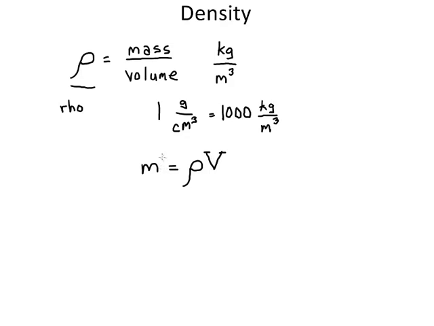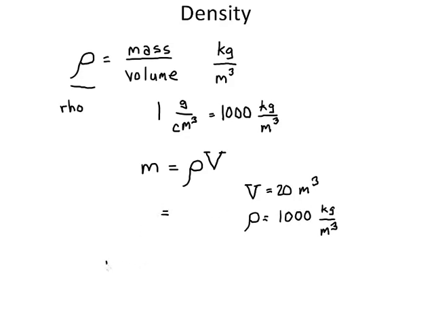Let's do a quick example. Let's find the mass of 20 cubic meters of water. So since we're dealing with water, the density is going to be 1,000 kilograms per meter cubed. And so all we have to really do here is multiply them together.